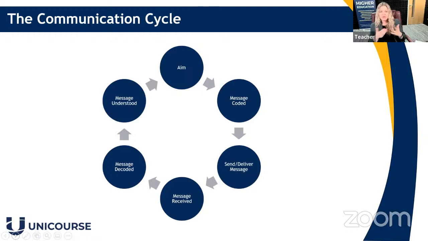And then the second one looks at the message coded, and that involves putting an idea into an understandable format, such as pictures or language or writing, but for that intended audience, so that the intended audience can understand.